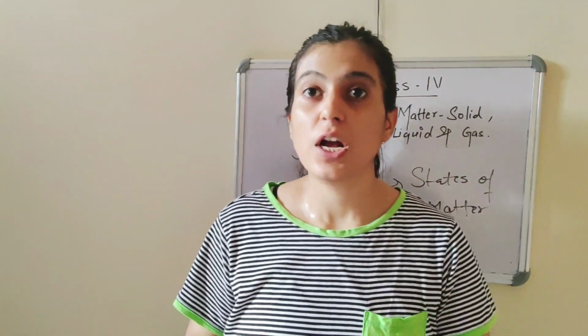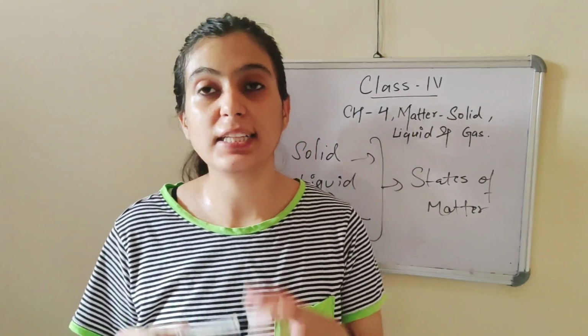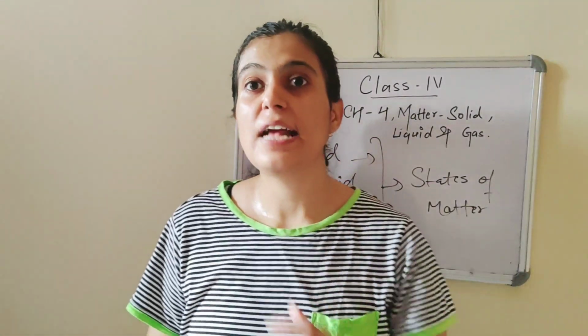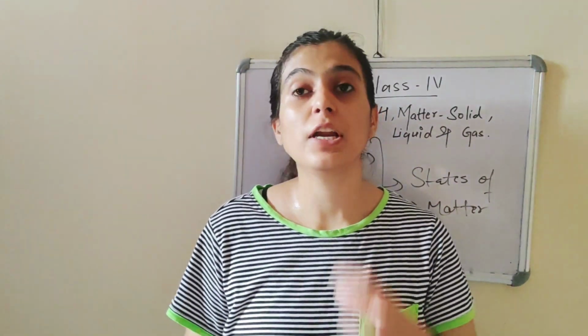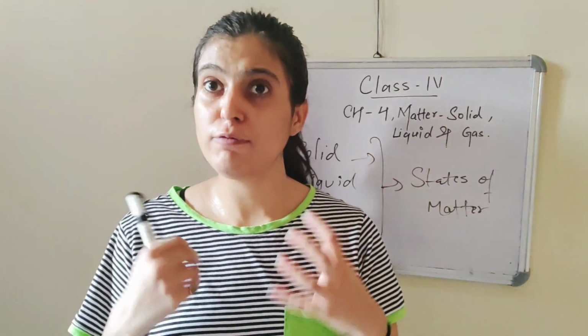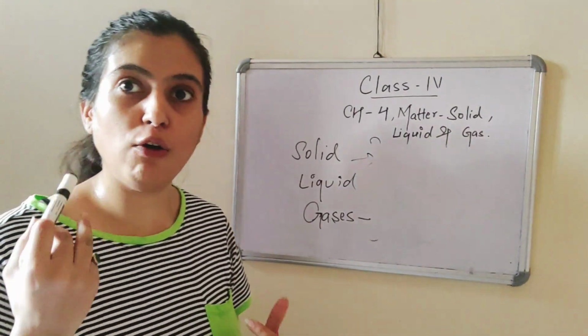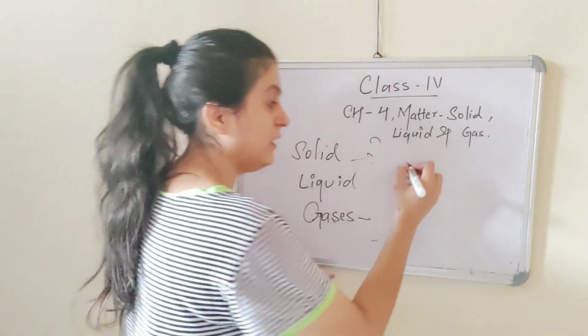These molecules arrange themselves in different ways so that they can have different states of matter. For example, in solid, the arrangement of molecules is different, and in liquid, the arrangement of molecules is different. In solid, what is the arrangement of the molecules? See, the arrangement is like this.